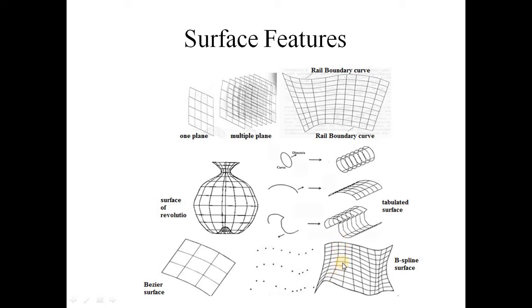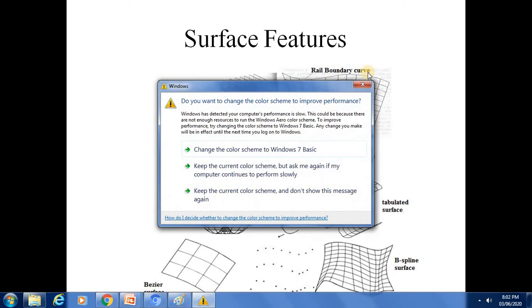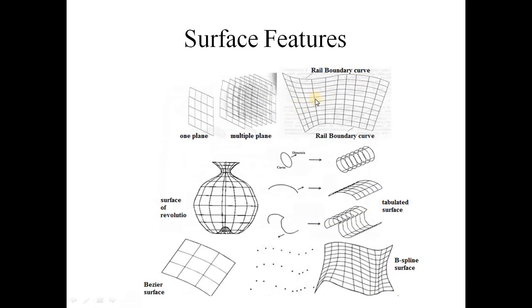The difference between the B-spline surface and the ruled or lofted surface is that in ruled and lofted surfaces there is no impression or depression in the surface, whereas in B-spline surfaces some surfaces go down, some go up, so these lines are not straight. That is the difference between a B-spline surface and a lofted surface.